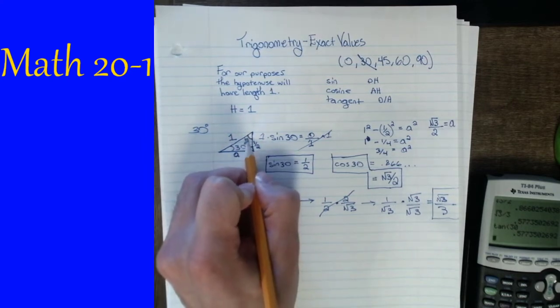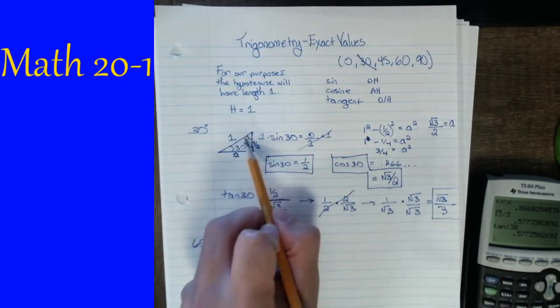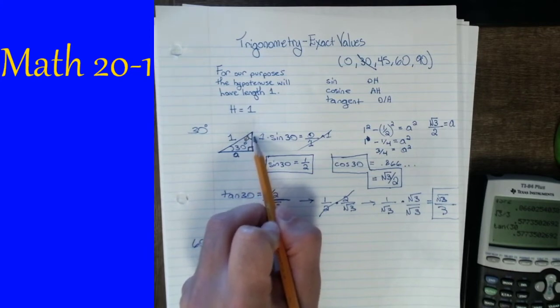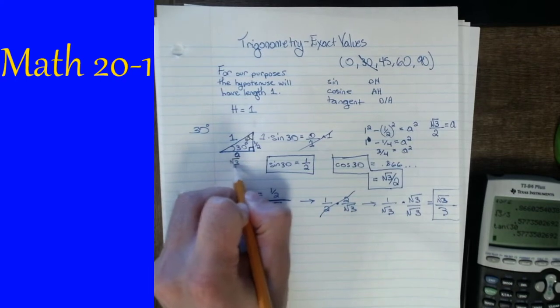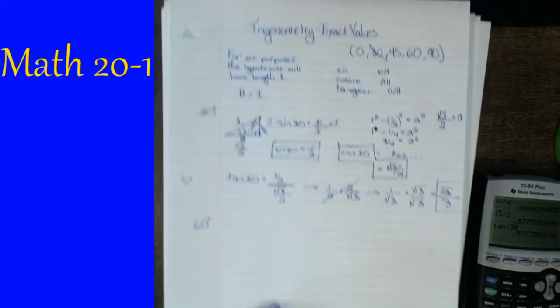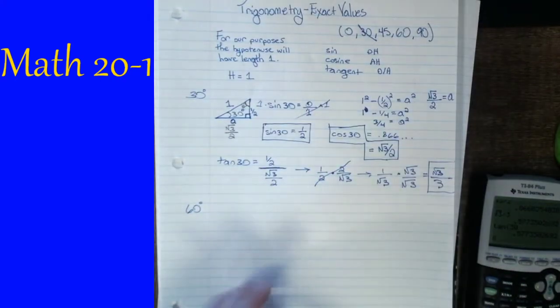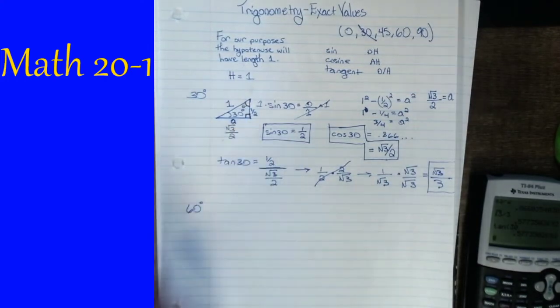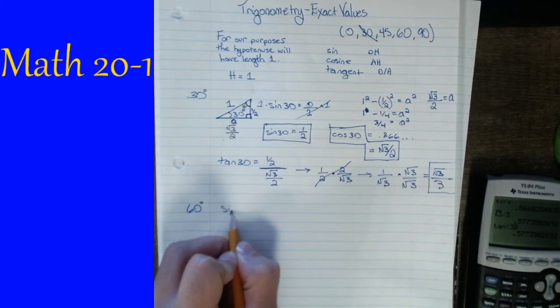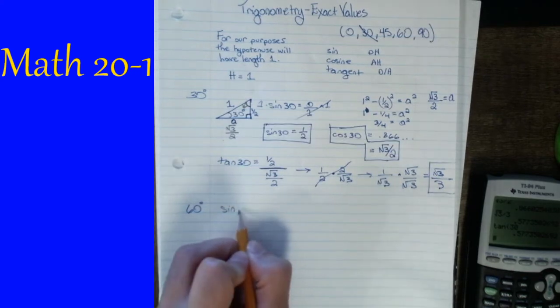So this angle here was 60 degrees. So that means, well, let's fill in the root 3 over 2 here. The sine of 60 is the opposite. So the sine of 60 is now root 3 over 2.